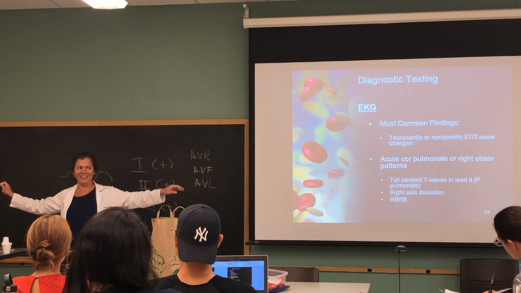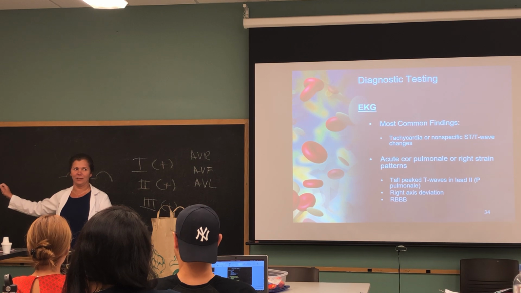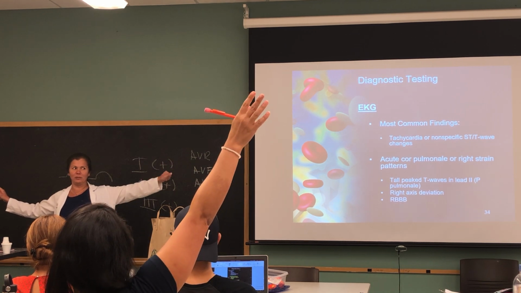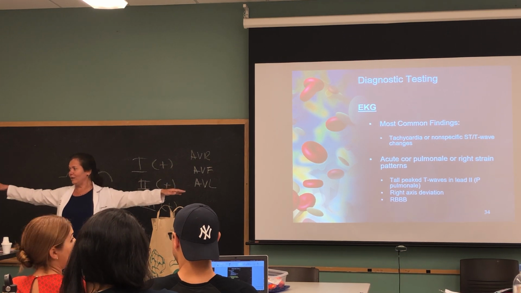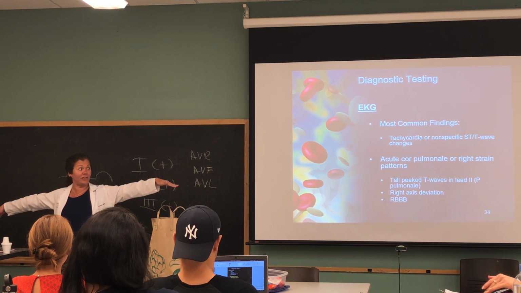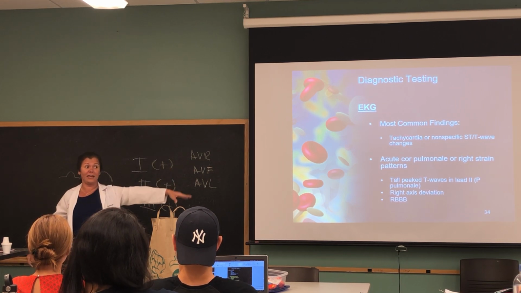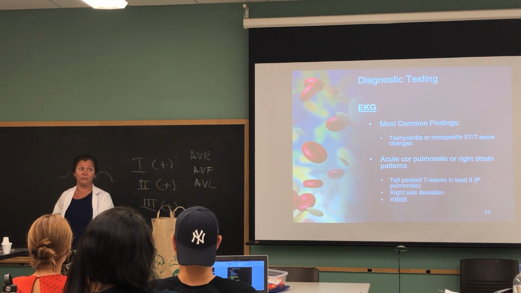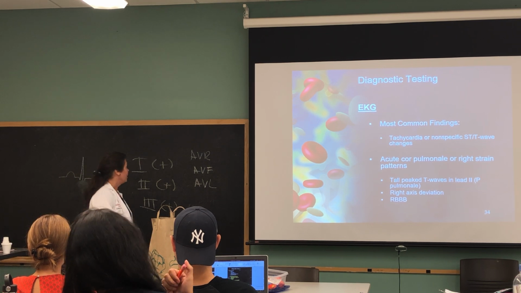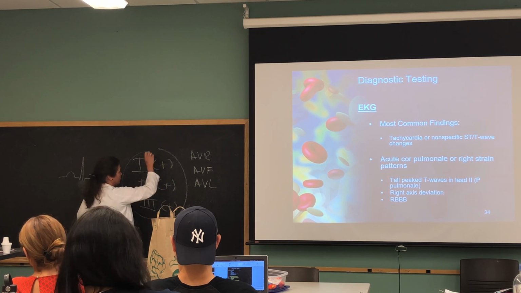Then you have AVL, the left, and AVF, the foot. AVR is negative, negative; AVL goes from negative to positive and positive to positive. That means AVF is completely positive. But mostly what you look at is your leads 1, 2, 3.